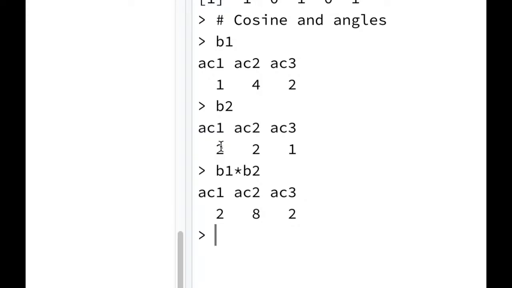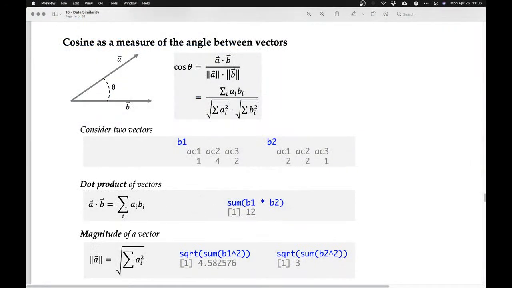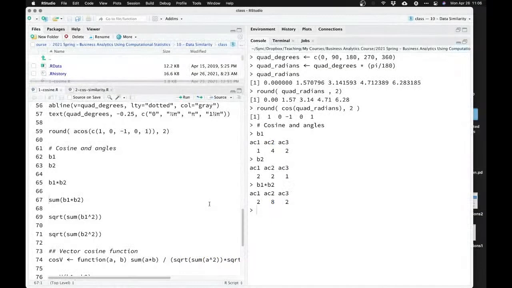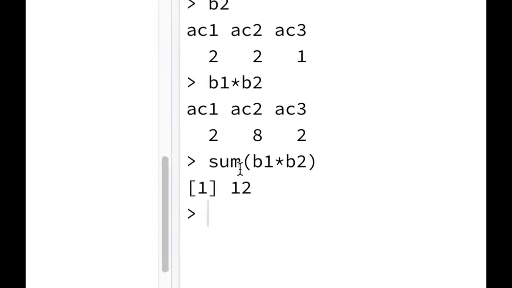It basically multiplied it component by component, dimension by dimension: 1 times 2, 4 times 2, 2 times 1. That's part of the dot product. The other part of the dot product is this sum. So the numerator of cosine is the dot product, which is the sum of two vectors multiplied together, dimension by dimension. So the dot product is 12.